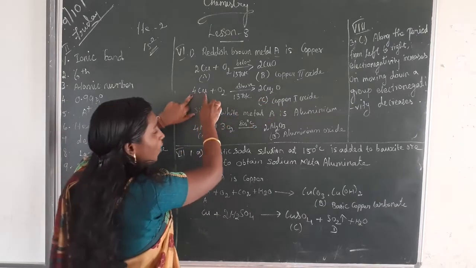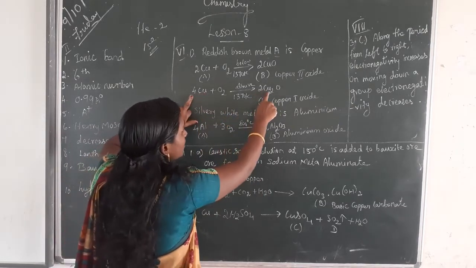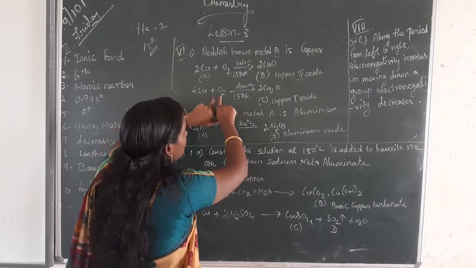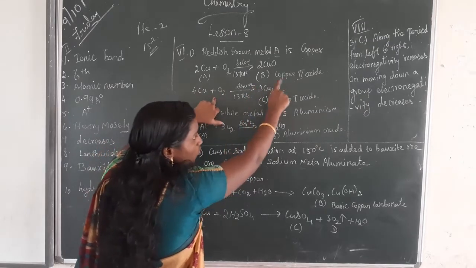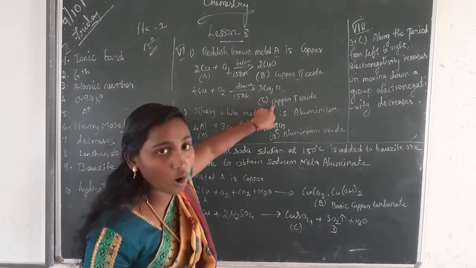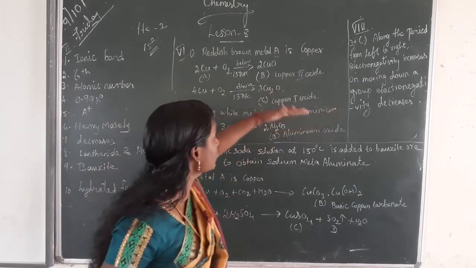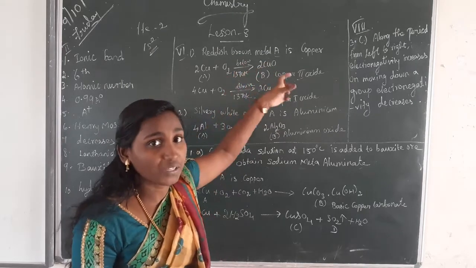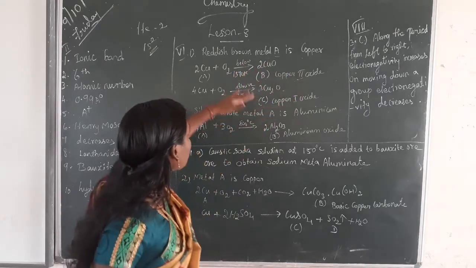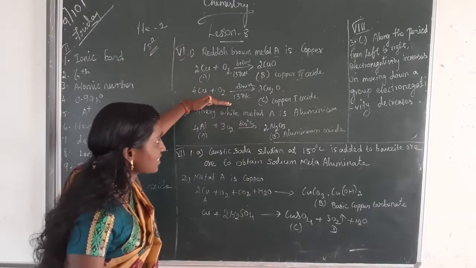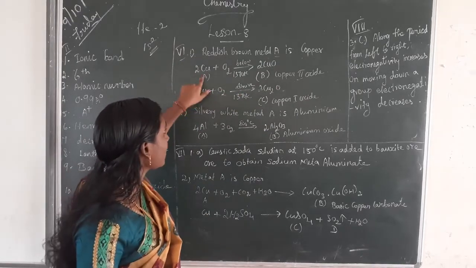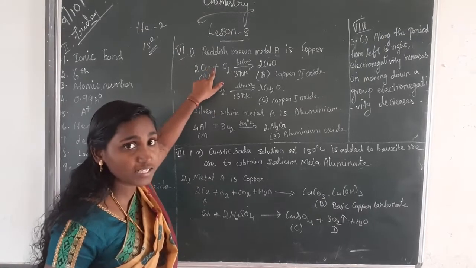So here 4 copper is there, so 4Cu, then balance. How many oxygen? 2 oxygen. This is named copper(I) oxide. Have you understood this equation? Already we studied it under the chemical properties of copper, right? So here you should write these 3 steps and write separately A, Cu. Copper symbol Cu, you know.